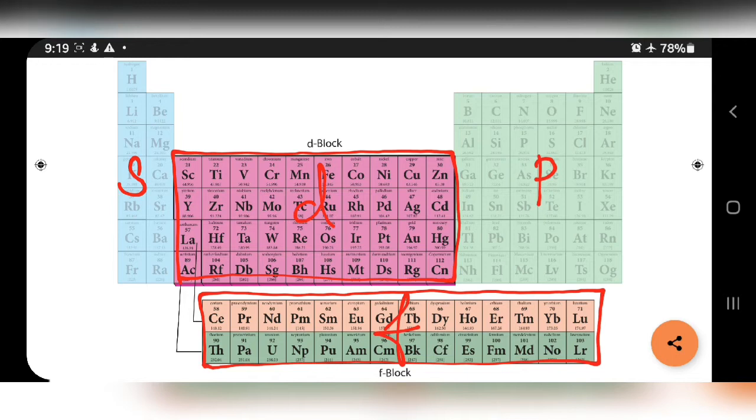Inner transition elements contain 2 series of elements. This is the first series and this is the second series. The first series is called lanthanoids. The second series is called actinoids. So this is the lanthanoid series and this is the actinoid series.